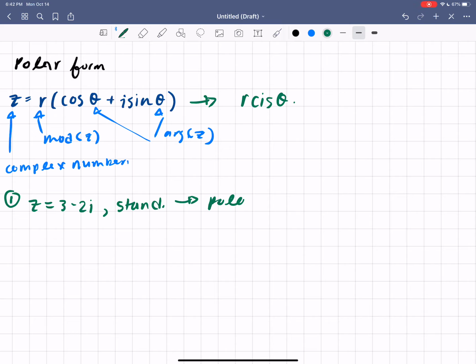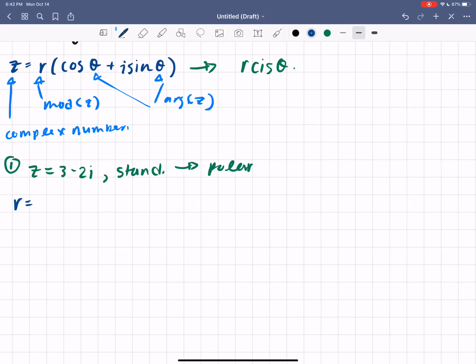So the first step is we calculate r. We said r is simply the square root of a squared plus b squared. In this case, a is 3 and b is negative 2. So this gives us square root 13.